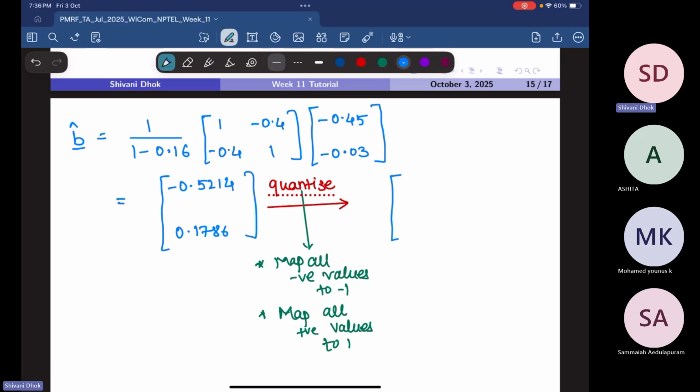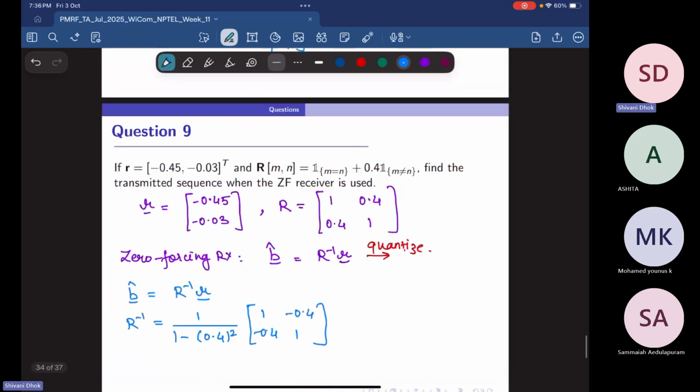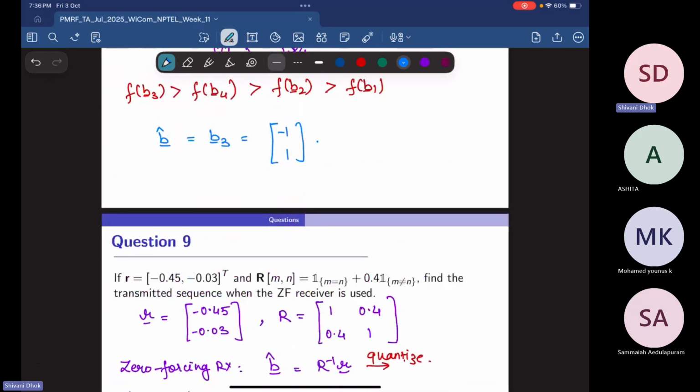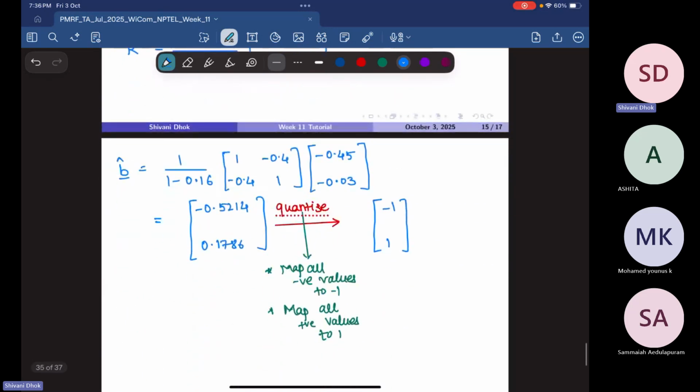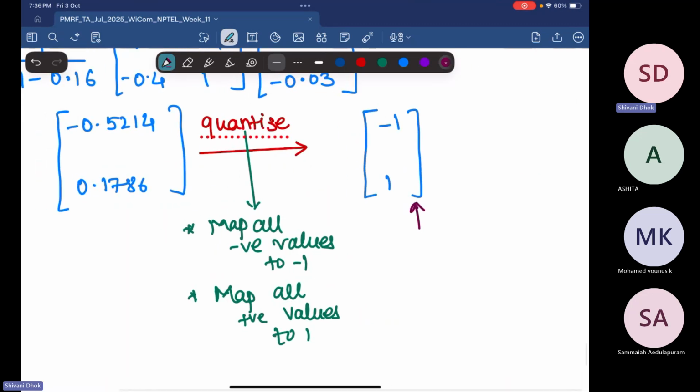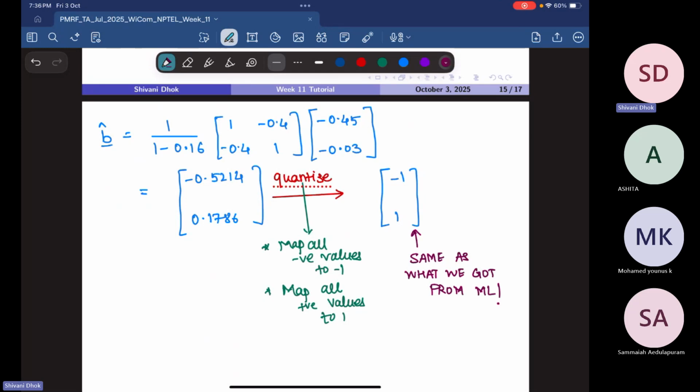So if we do that, we get b hat as -1, 1. So what was the detected signal we got with ML? ML gave us -1, 1, and this zero forcing also gave us the same value. So whatever we obtained is the same as what we got from ML. Is it clear? Any questions till this point?